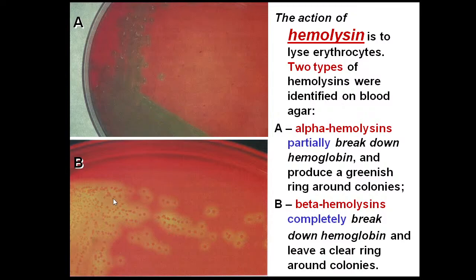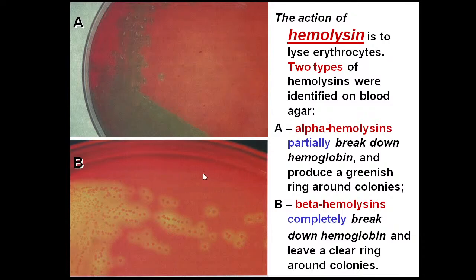But then we may have much more severe damage to the erythrocytes, usually produced by so-called beta hemolytic activity. When we have the complete breakdown of hemoglobin and erythrocytes, that leaves a clear, not pigmented, transparent zone around the colony.